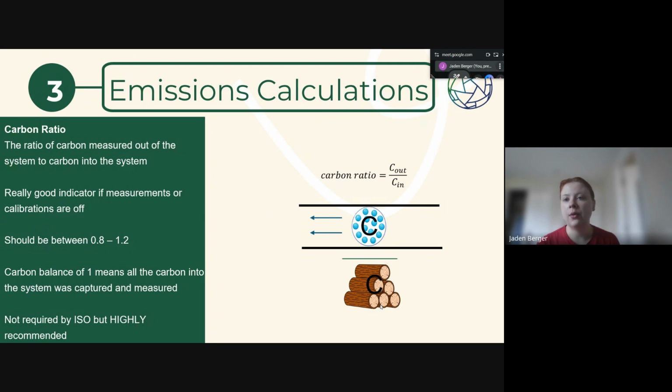Anything outside of that range is going to indicate that something is off with your system or with your inputs. So carbon ratio, when people send me their data to check, this is probably the first metric that I look at to see what's going on. This can give me an indicator if things are good or bad in the system.